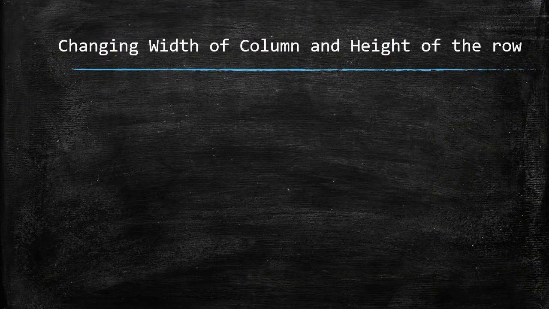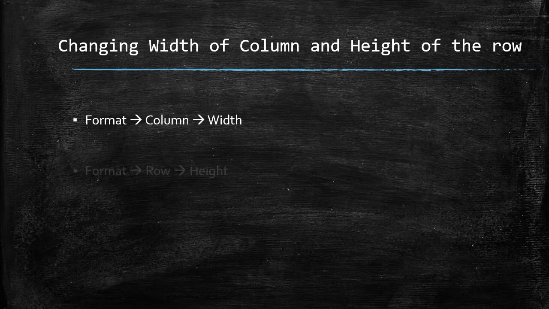Changing width of column and height of the row. I repeat, to change width of column and height of a row, we have to follow the various methods. Go to format menu, click on the column and then choose the width, and then you give the width as per your requirement.